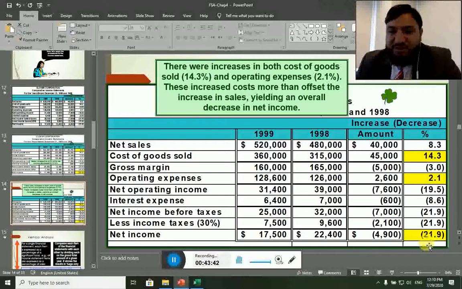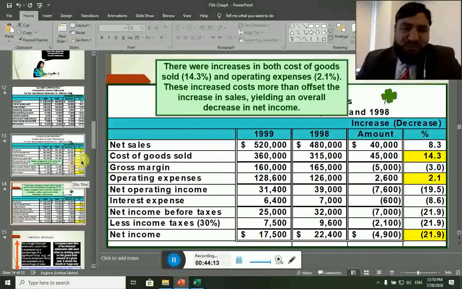It resulted in a decrease of 21.9% in the net profit as compared to 1998. So that's the reason, right? We have increase in sales, but there is decrease in net profit as compared to 98. The reason is the cost of goods sold and the operating expenses, right? And of course the taxes and other expenses as well.